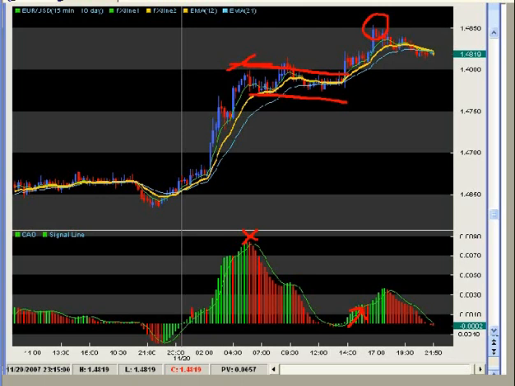His first entry signal would be, now I don't have his other indicators up, but in his book he writes about 3 entry signals, and I'm not going to tell you what they are. But he would look to buy the market if his other indicators line up, and he would buy it at the 3rd green bar moving above the signal line.